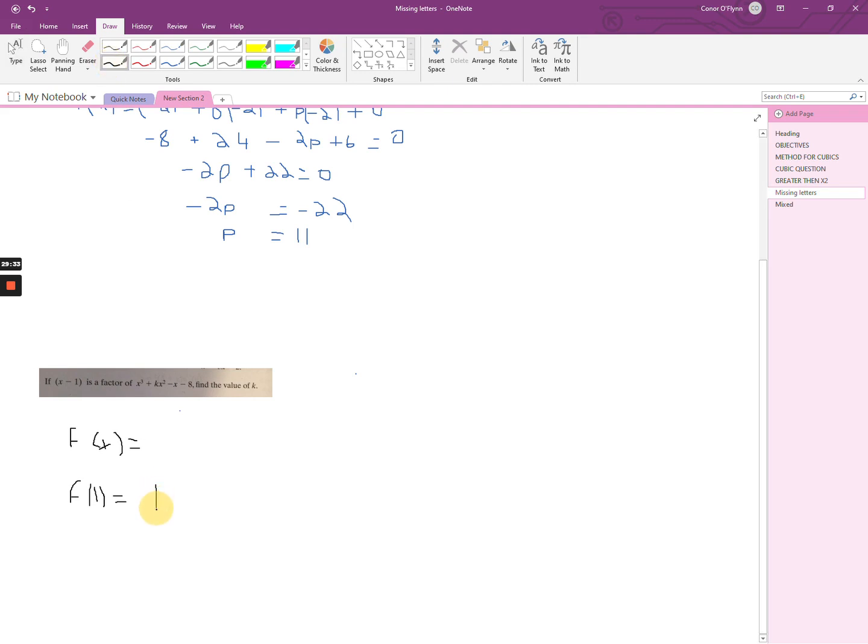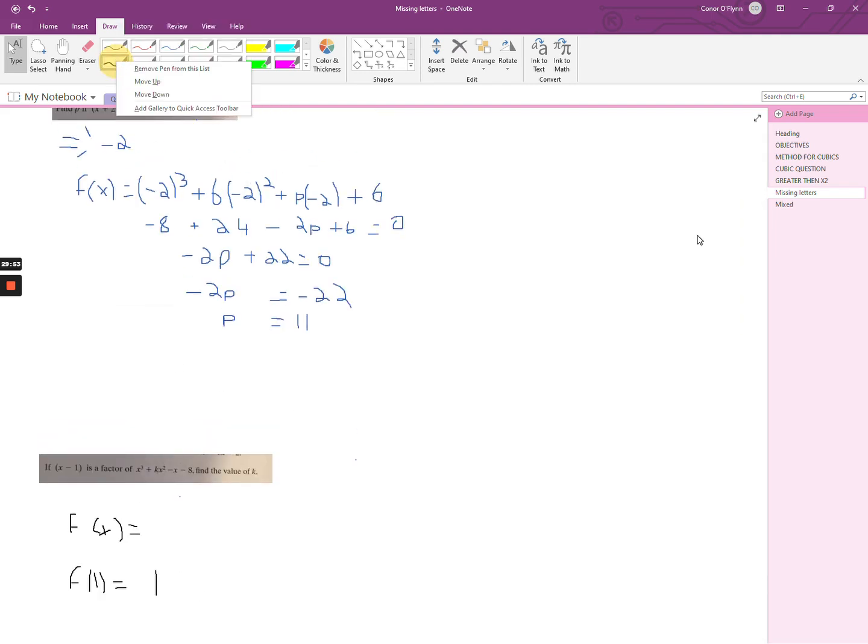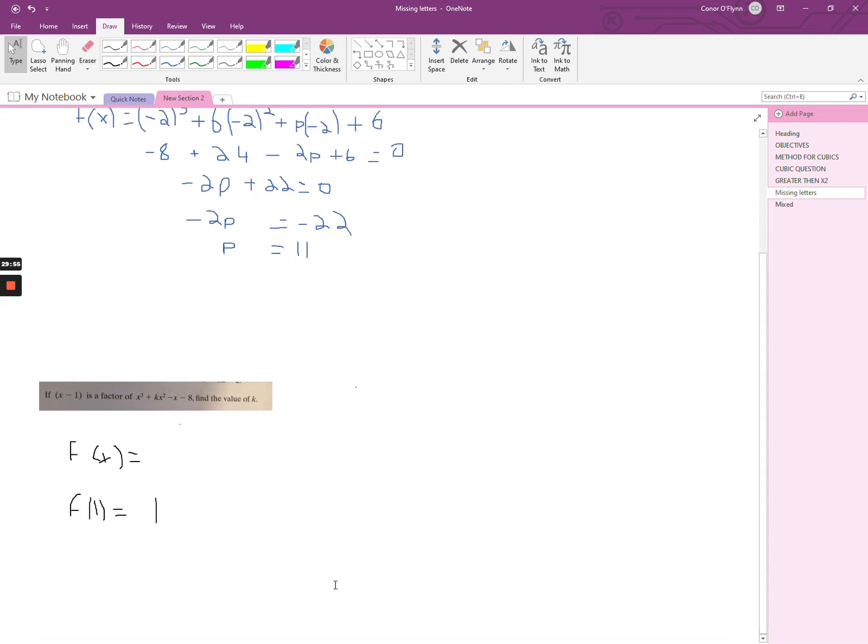Sub in 1 here, 1. And put 1 in here, that'll be plus k, because 1 squared is 1.